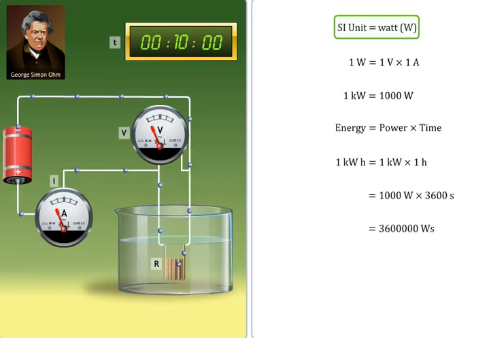Simplifying the expression, 1 kilowatt-hour is equal to 3.6 × 10⁶ watt-seconds. As 1 joule equals 1 watt-second, 1 kilowatt-hour equals 3.6 × 10⁶ joule.